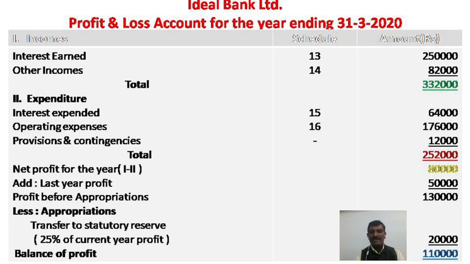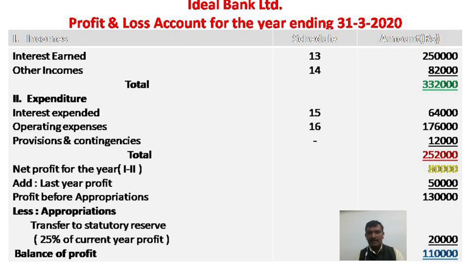Then the last year's profit, the balance brought forward from the last year, is 50,000. Then the total profit before appropriation will be 1,30,000. From this 1,30,000 profit, we have to make appropriations. In the problem, they have not given any information regarding the appropriations. Even so, it is mandatory for all banks to transfer at least 25% of the current year profit to statutory reserve.